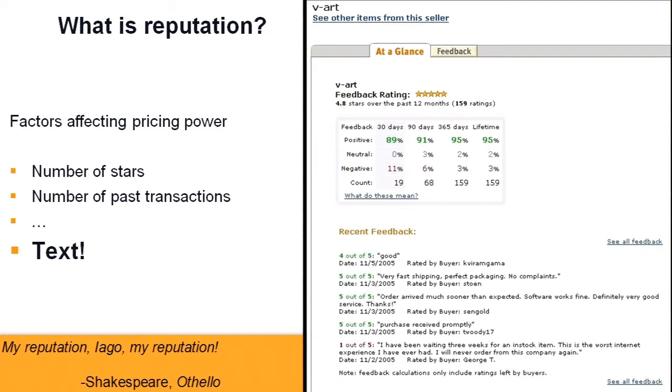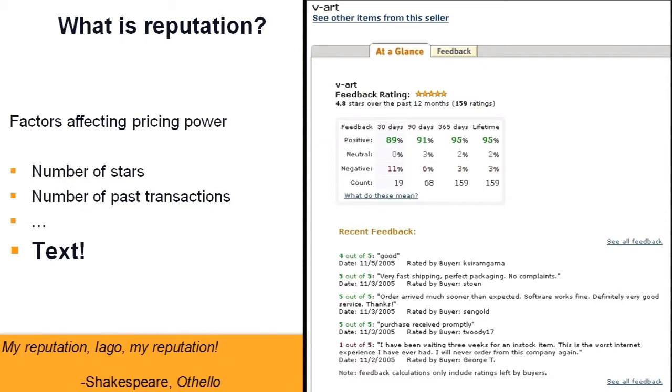You have the past transactions of the seller, the stars that they had, and actually all these things people have seen that they matter. An extra star gives you some extra pricing power so that you can charge more compared to the competition and still make a sale. The history that you have, the number of transactions, also matters. The longer the history, the better you are.